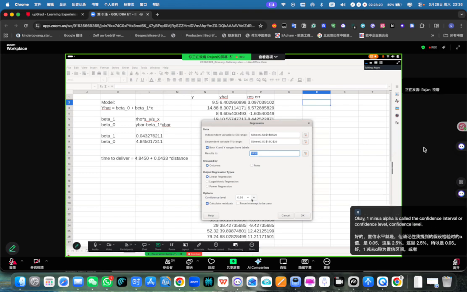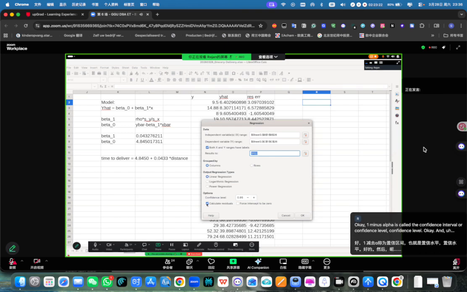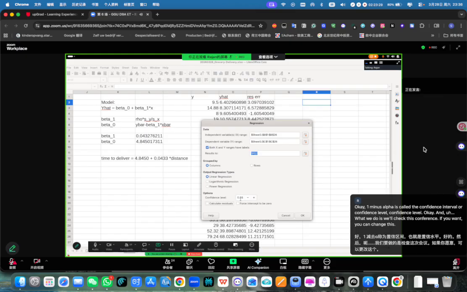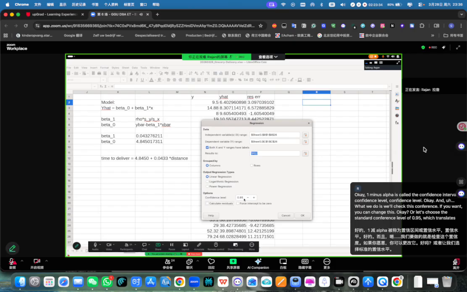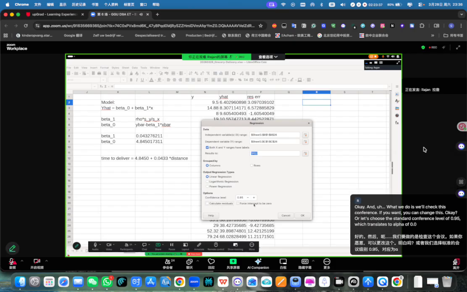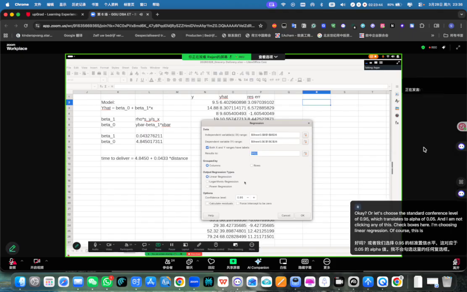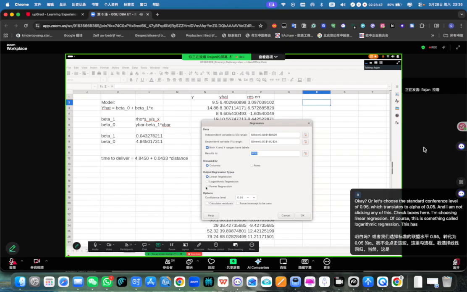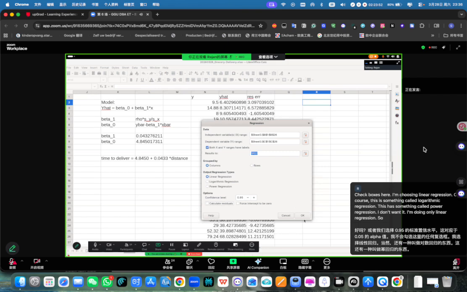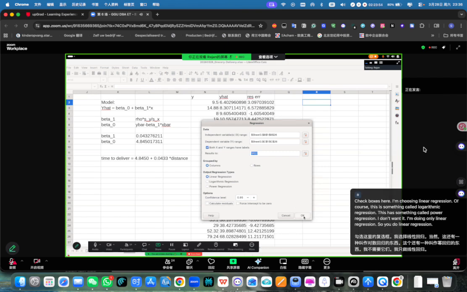If you want, you can change this, but let's choose the standard confidence level of 0.95, which translates to alpha of 0.05. I'm not clicking any of these check boxes. I'm choosing linear regression. Of course, there is also logarithmic regression and power regression, but I don't want them. I'm doing only linear regression, so let's go ahead and click OK.